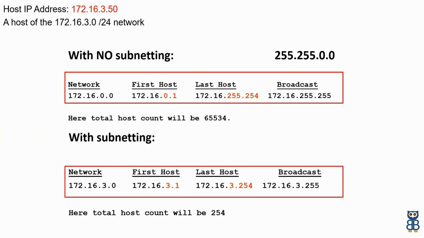And the network ID will be 172.16.0.0. First usable IP address of the subnet will be 172.16.0.1. Last usable IP address of the subnet will be 172.16.255.254.